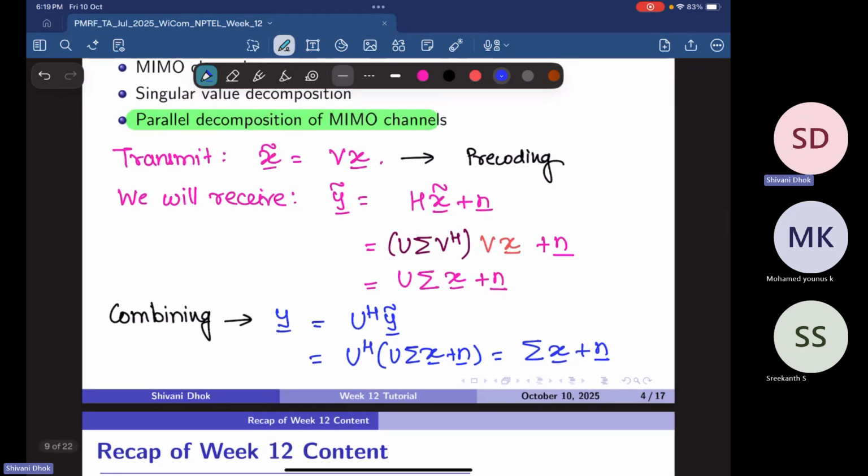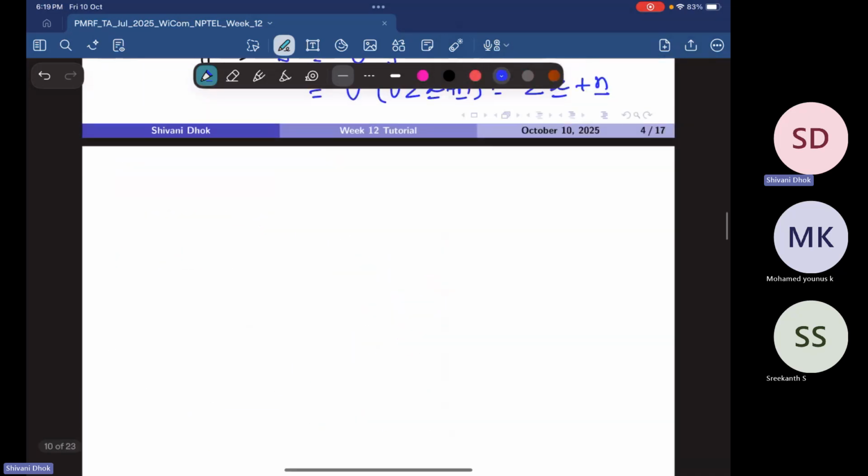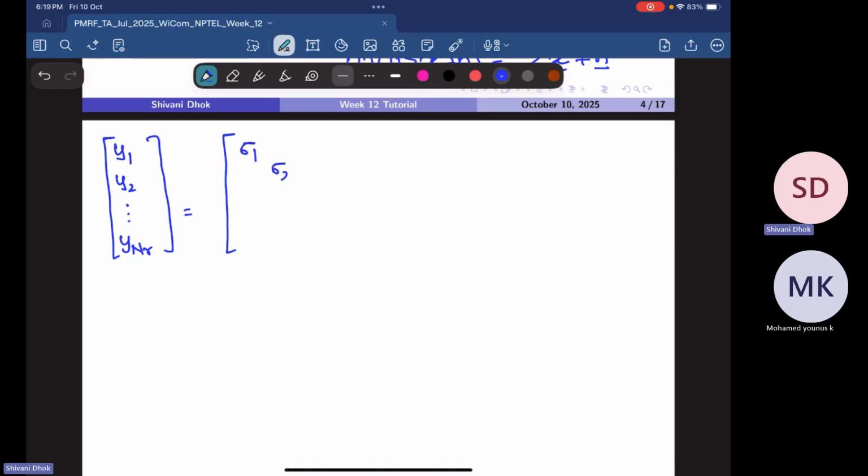So this is basically giving me something like this. I'll have y1, y2 and so on till y NR, that will be equal to sigma 1, sigma 2 and so on till sigma L. Rest is 0.